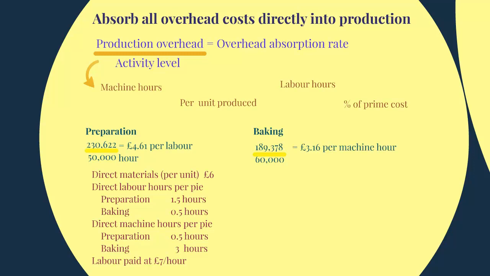So look at our direct materials and say they cost £6 per unit. And the direct labour hours for each pie come to 1.5 hours for preparation and 0.5 hours for baking. And our direct machine hours per pie come to 0.5 hours for preparation and 3 hours for baking. And assume that we pay our labour at £7 per hour.